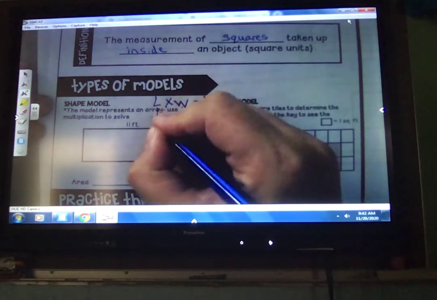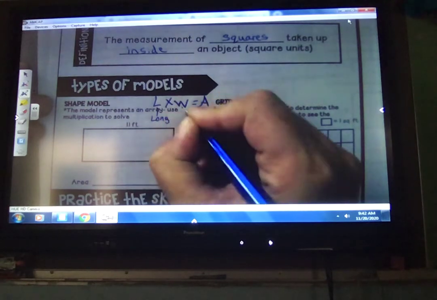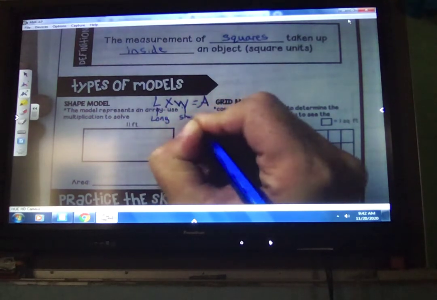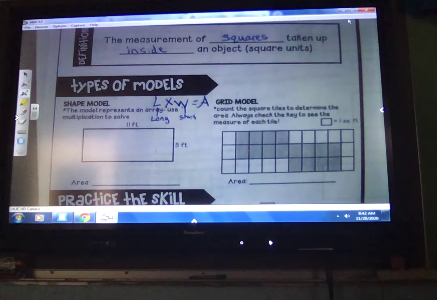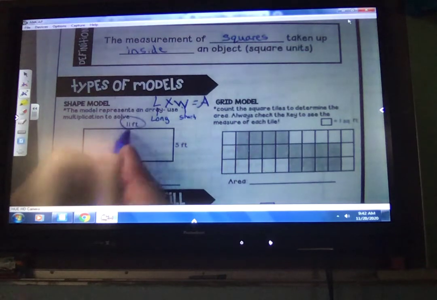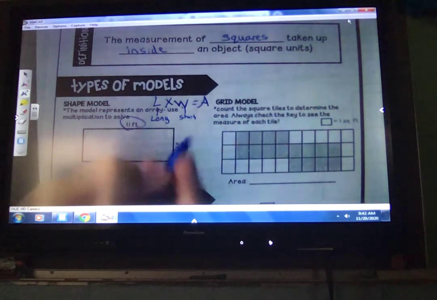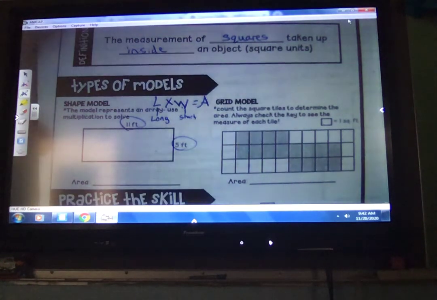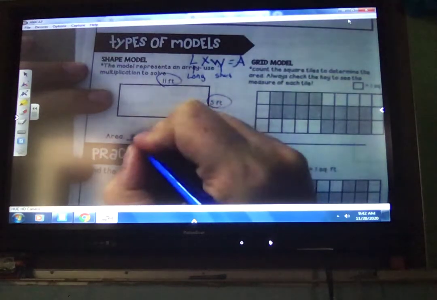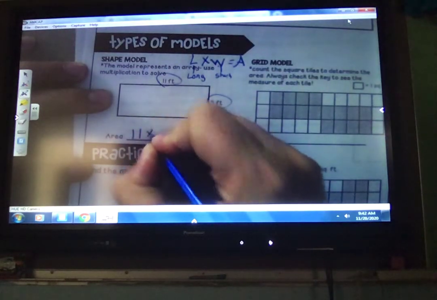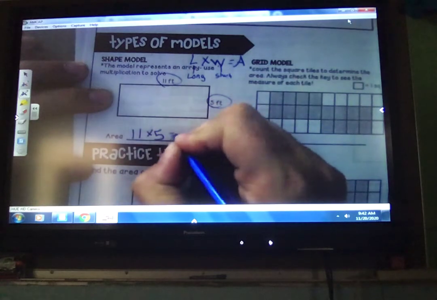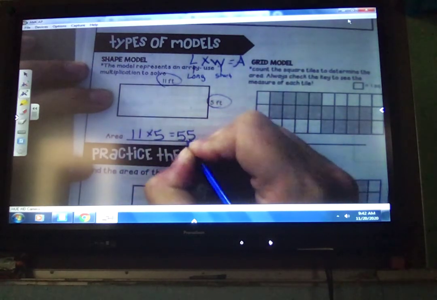Length is your long side. Width is your short side. So always remember it. On a rectangle, our length, our longest side, is 11. And our shortest side is 5. So we're going to multiply. Length, 11. Width, 5. 11 times 5 is 55 feet.